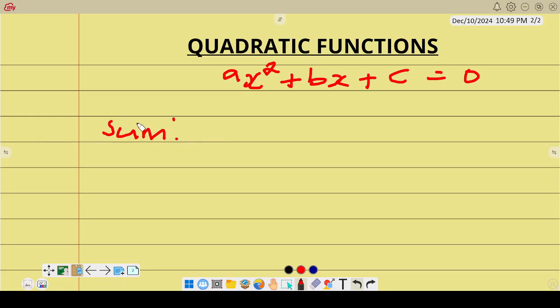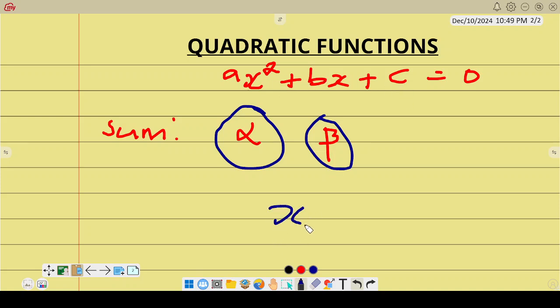So the sum of two roots. The roots which we're going to be talking about, we're going to be referring to as alpha and beta. These are the roots. We can say one root is alpha, the other one is beta. When you solve a quadratic equation, from the formula you're going to get x is equal to something, or x will be equal to another thing.